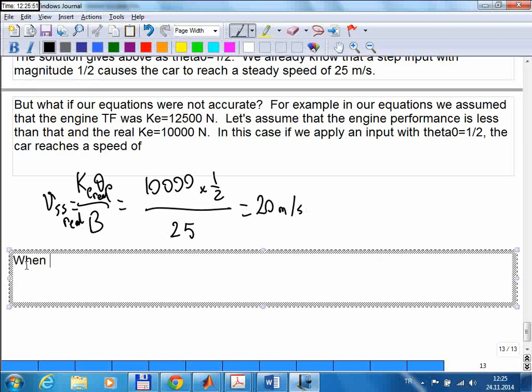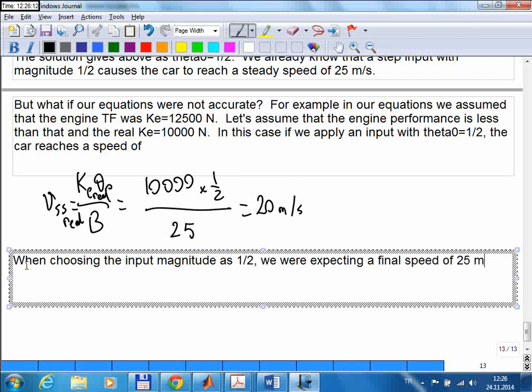So when choosing the input magnitude as 1/2, we were expecting a final speed of 25 meters per second.